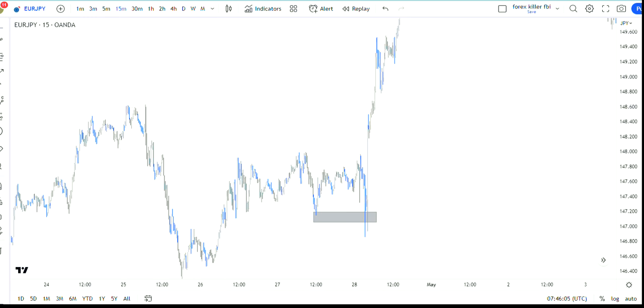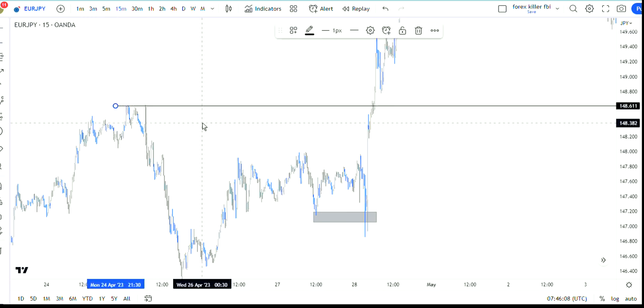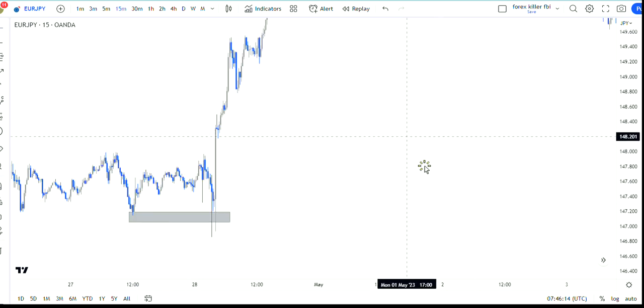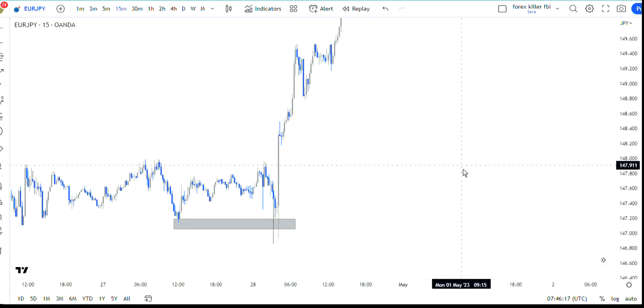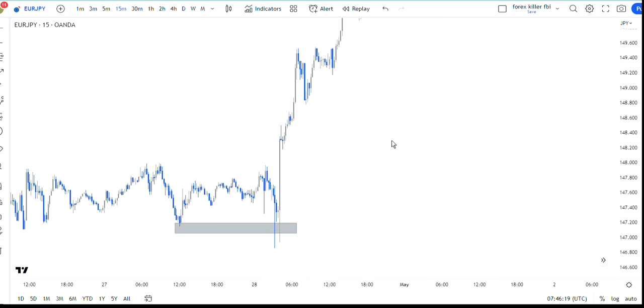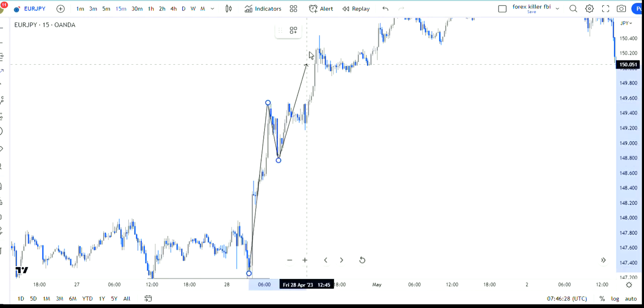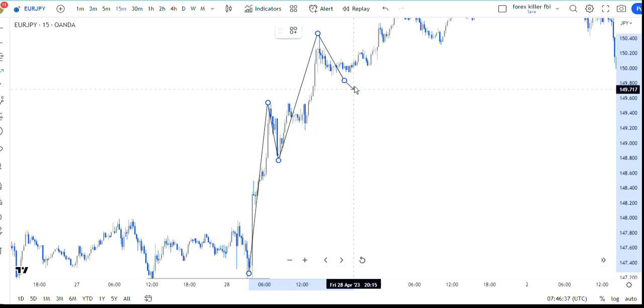After this W, we had an aggressive move, then a pullback, then an aggressive move, then a pullback, then an aggressive move. So this is impulsive, then correction, impulsive.